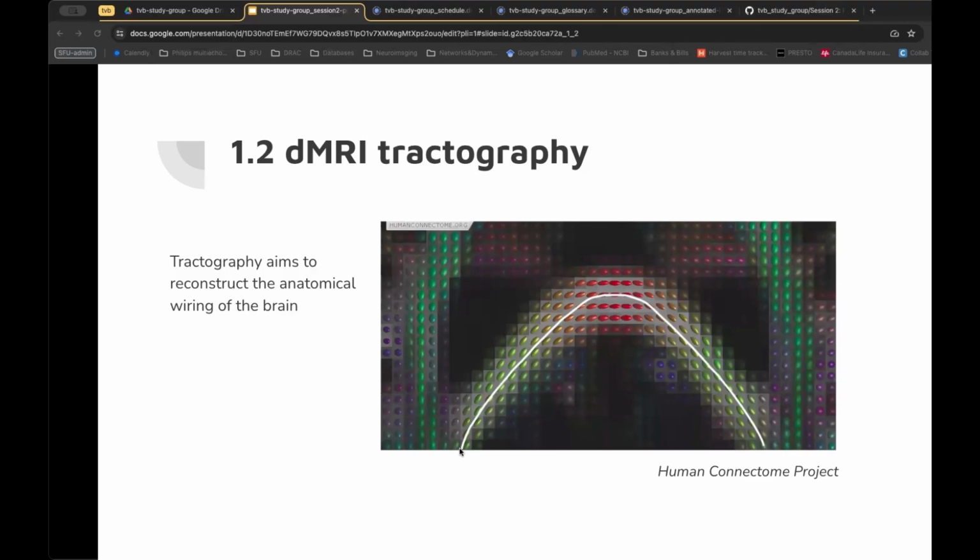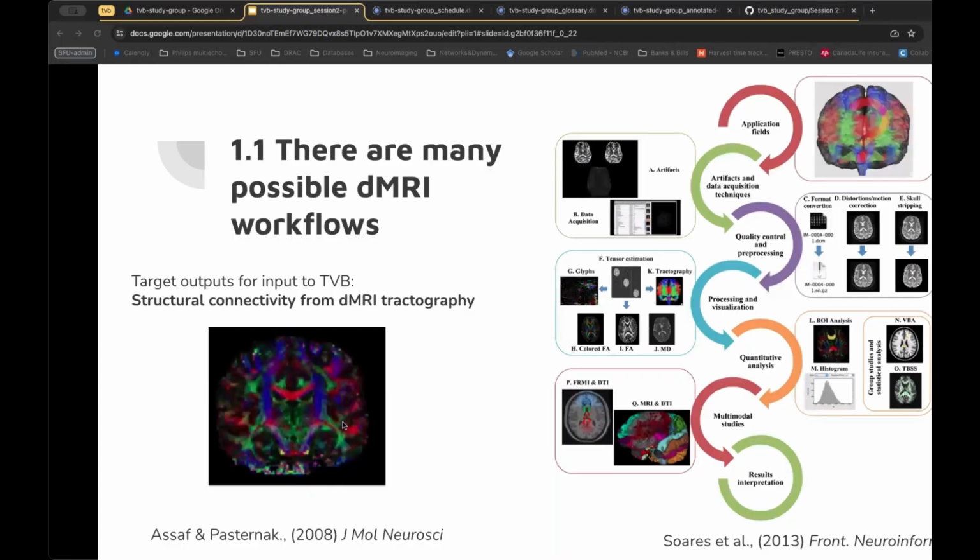So you send a streamline from point A, like our region of interest A, and you follow it along, and you see if it connects to region of interest B. And then you do that iteratively, thousands, tens of millions of times. You send lots and lots of seeds. You try to reconstruct lots and lots of streamlines. And what you end up with are very pretty images like this. You've probably seen them, very detailed images of what streamlines may look like in the brain.